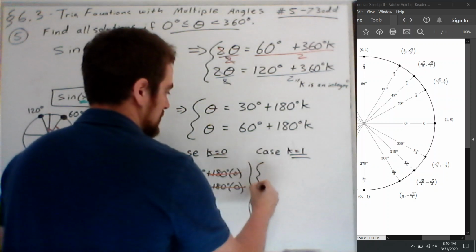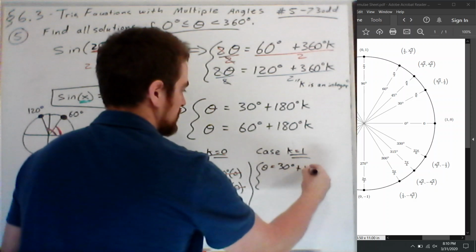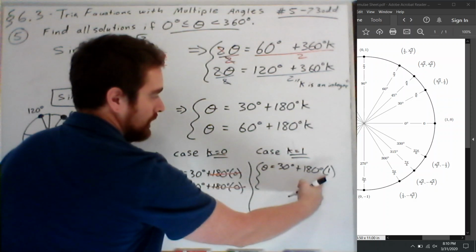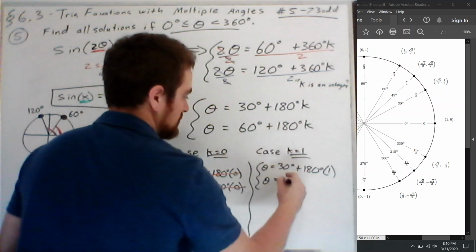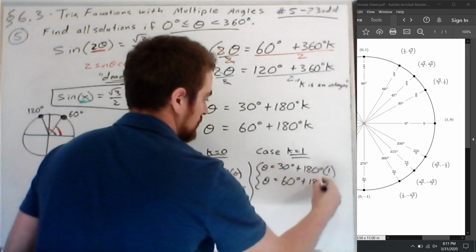Meaning I'm looking at the case theta equals 30 degrees plus 180 degrees. Now I'm plugging in k equals 1. And I'm also looking at the case theta equals 60 degrees plus 180 times 1.